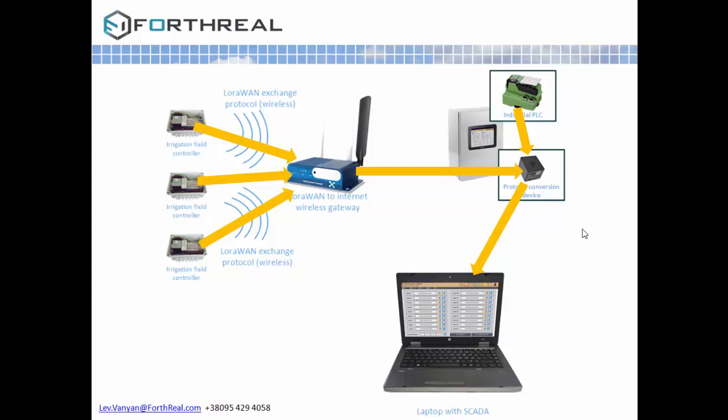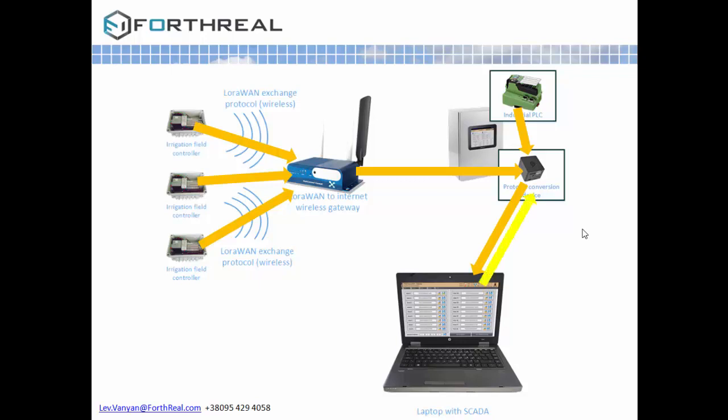So the protocol conversion module buffers the data in both directions. It also accepts data coming from other auxiliary devices, such as the electricity meter that is installed in the pump station control unit, and submits that information in all directions depending on the current sequence.